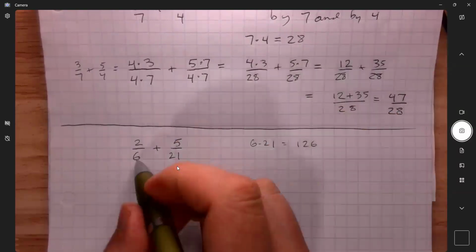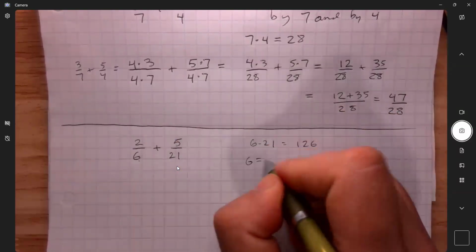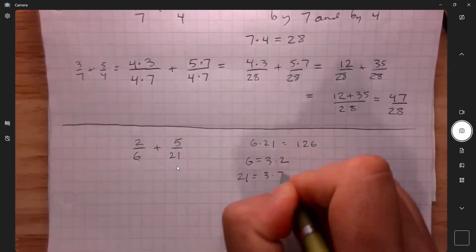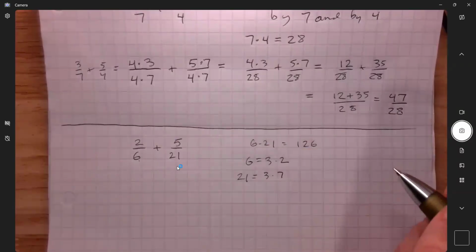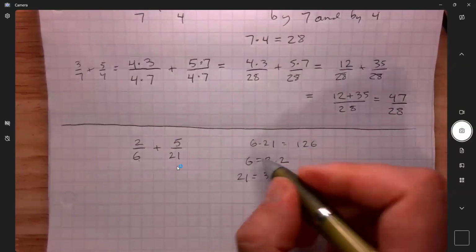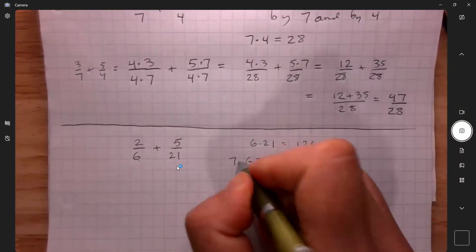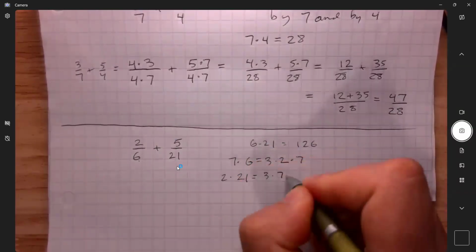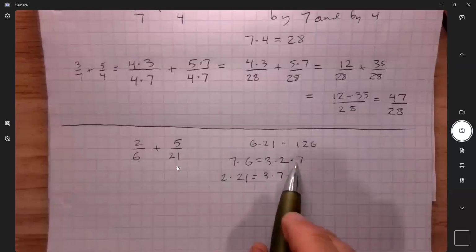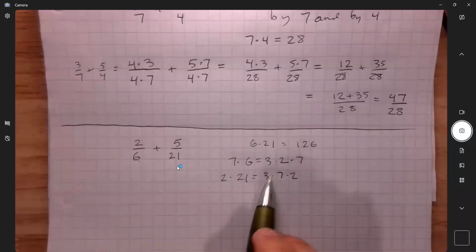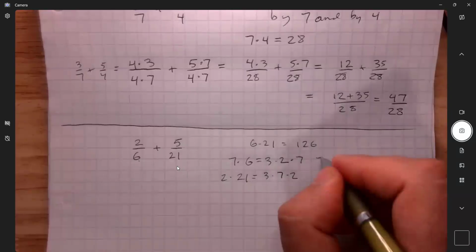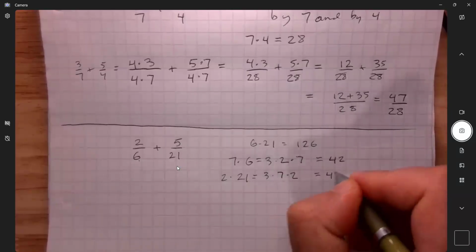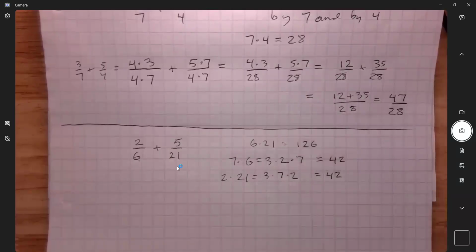But I could also recognize that 6 is 3 times 2, and 21 is 3 times 7. So that means if I take the 6 and multiply it by 7, and take the 21 and multiply it by 2, I have all the same factors in the multiplication, and I get the same answer.